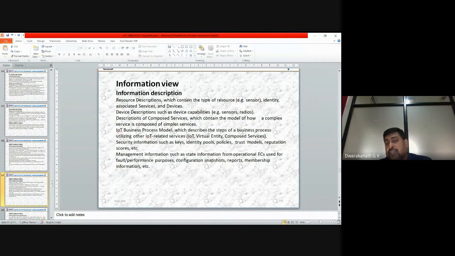Management information, such as state information for operational functional components used for fault tolerance and performance purposes, configuration snapshots, reports, membership information. So management information is also important in the information view.